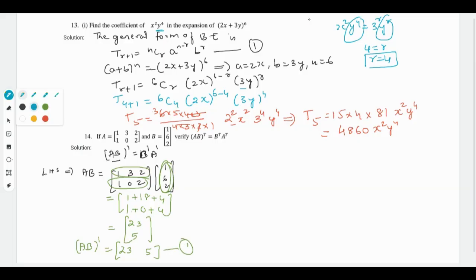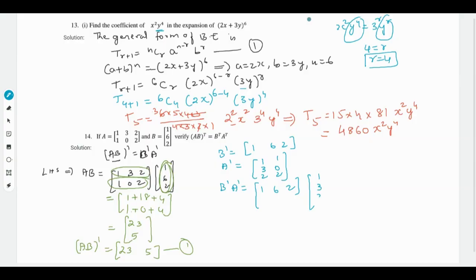Then second side we have B dash. What will be B dash? B dash will be [1 6 2]. Then what will be A dash? A dash will be [1 1; 3 0; 2 2]. Now multiply B dash and A dash. We get B dash is [1 6 2] multiplied with A dash. So now first row, first column.